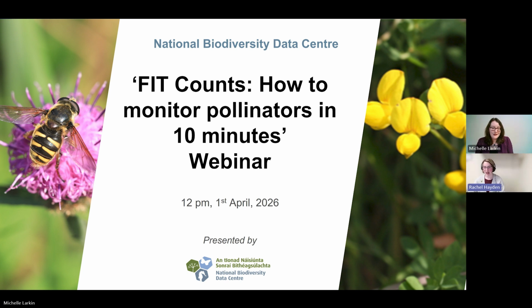Perfect. And we were asked, what are the common mistakes that you see happening? I know you go through and you validate all of the records that come through as well. And I suppose people are wondering, is there anything they could do to correct their mistakes after they submit it? Yeah, so what you can do is you can email me. My email is on the fig count website.